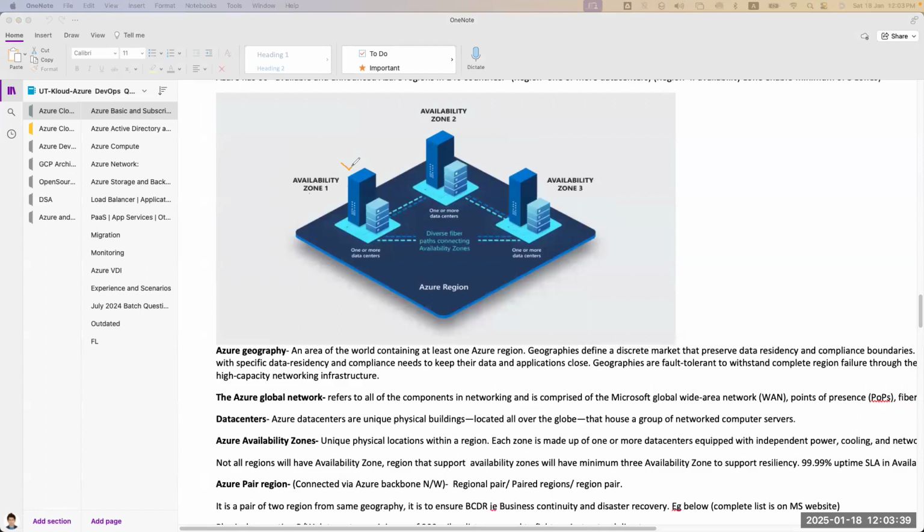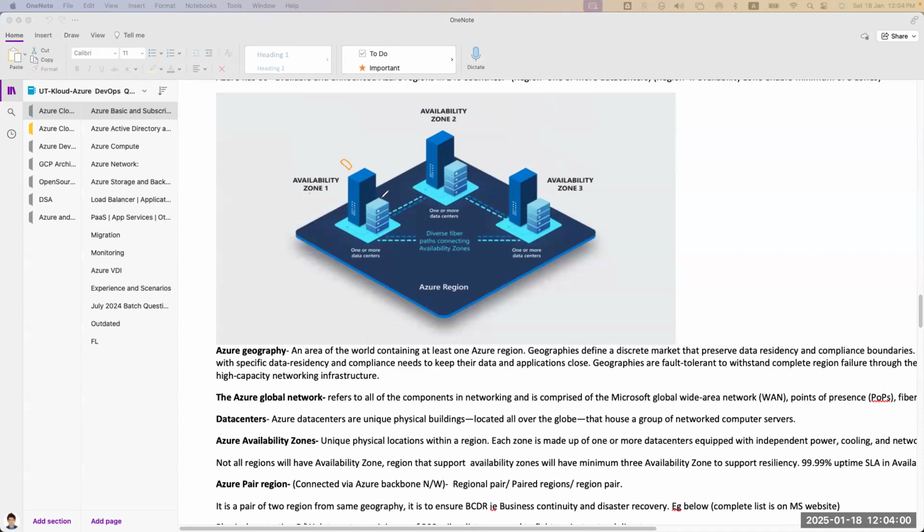It's not compulsory. If you think your application is that crucial, that essential, and you want redundancy, I hope you understand the word redundancy. What do you mean by redundancy? Redundancy is where you want a backup sort of thing, so that if one goes down, the other should keep running. That is what I'm talking about.